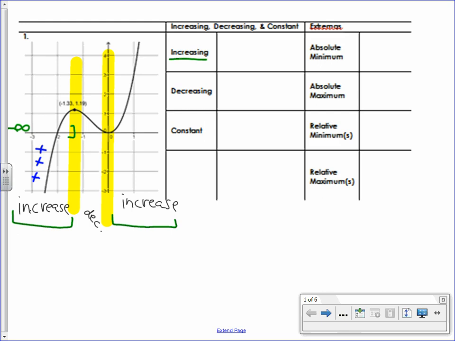Now the x value at that spot is negative 1.3. So I can say that he was increasing from negative infinity to negative 1.3.